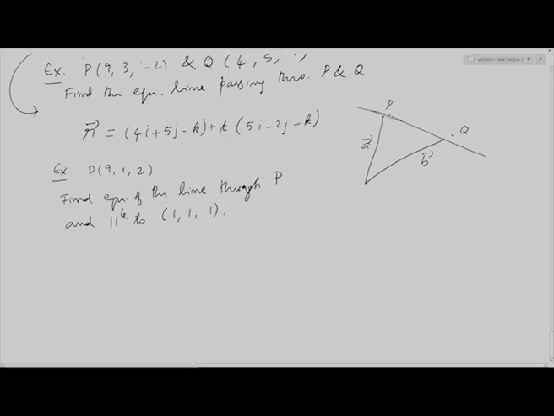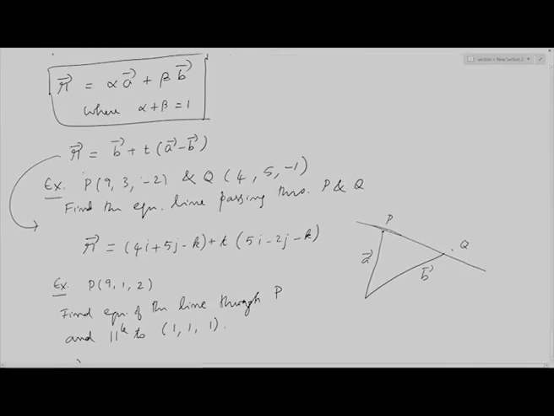Simply we write R is equal to, the required equation will be 9i plus, because we know that it is passing through P and parallel, the direction is given.